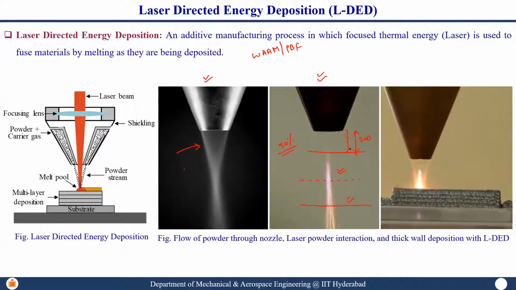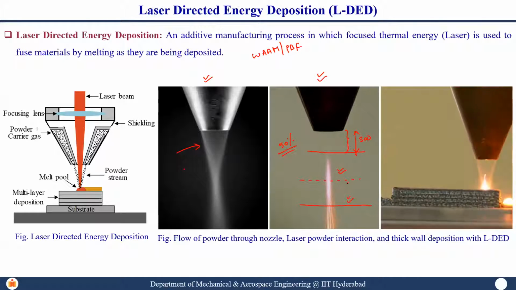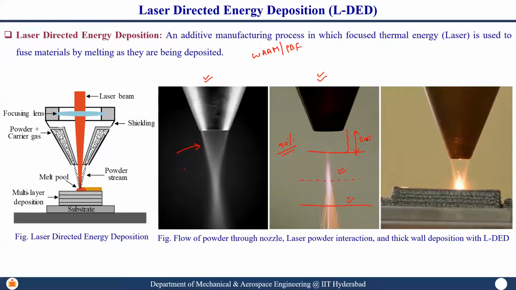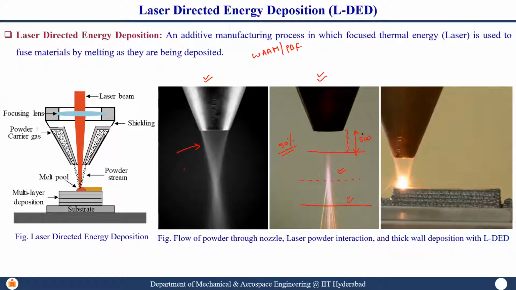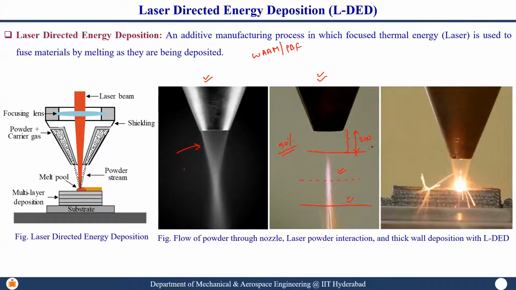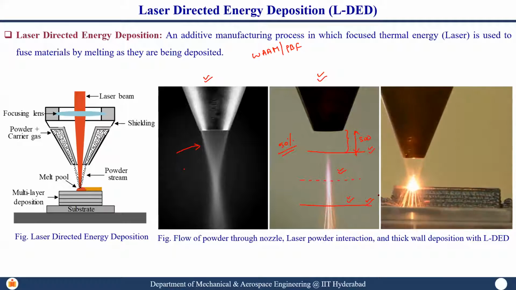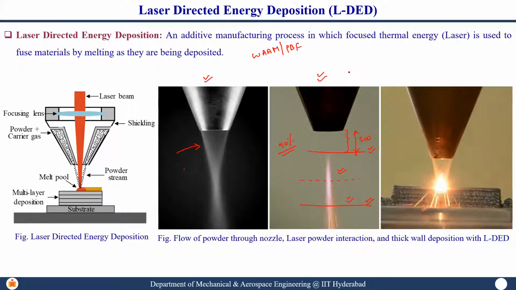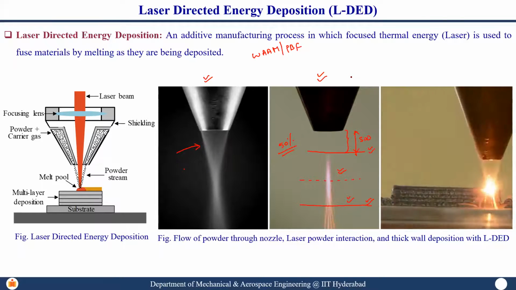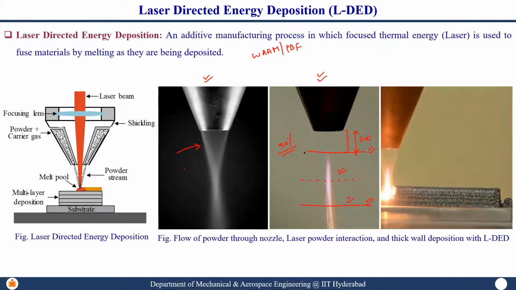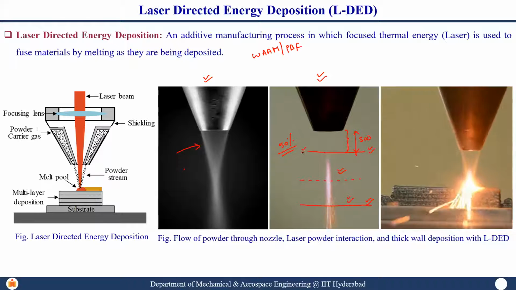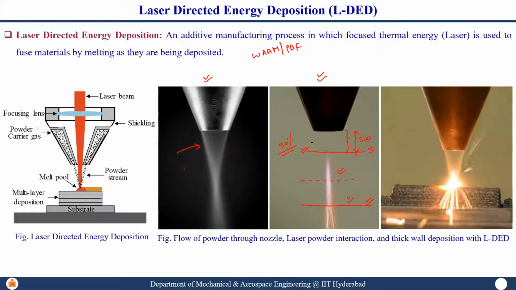So you can see just by this particular video, standoff distance plays a very crucial role. Now, is this always bad? Definitely not. For real-time monitoring and especially for controlling, we will take advantage of no deposition and melting.